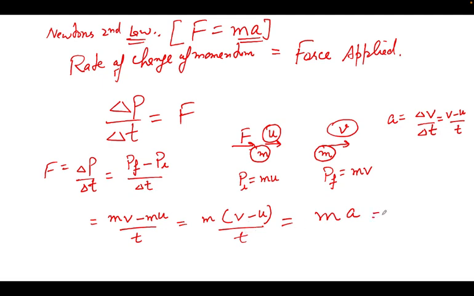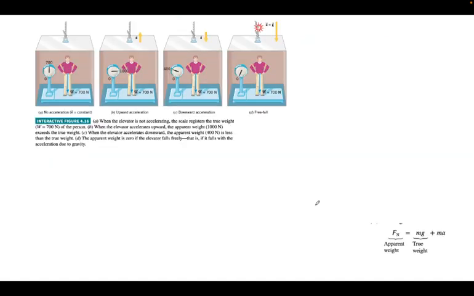So this is how we can derive the formula F is equal to ma, which is Newton's second law of motion. With the help of this formula we can find the acceleration of a particular body, we can find the retardation when we are applying brakes, and solve the related numerical problems.